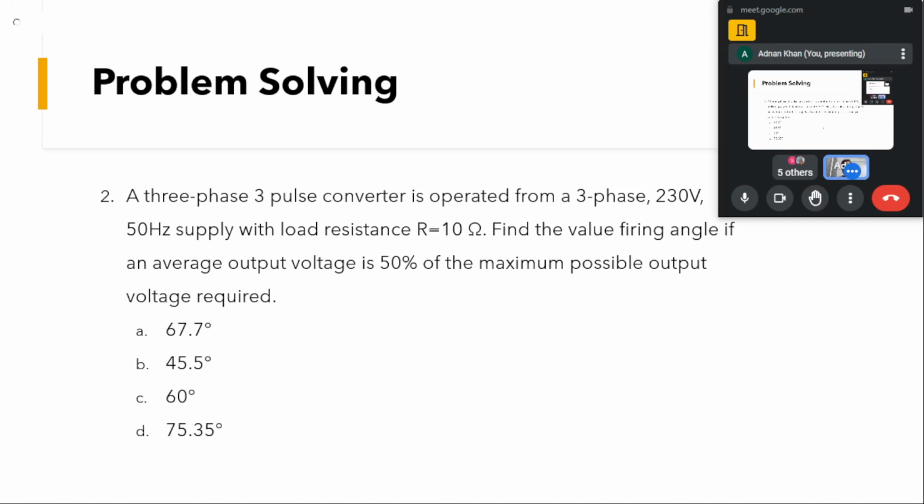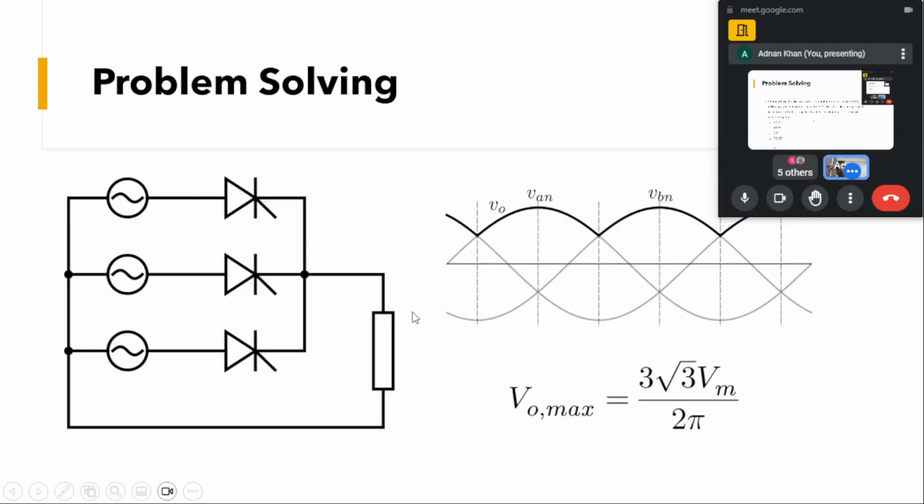So we have to see where we want to turn on these devices so that our output voltage will be 50% of the maximum output voltage. So what we require is 50% of the maximum output voltage at the output. We have certain options given here. We will look for it. What is the correct option for this?